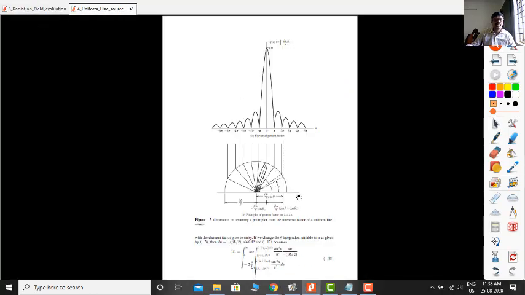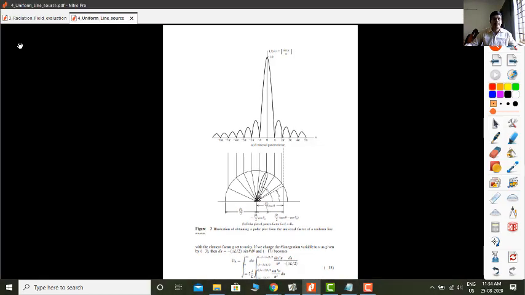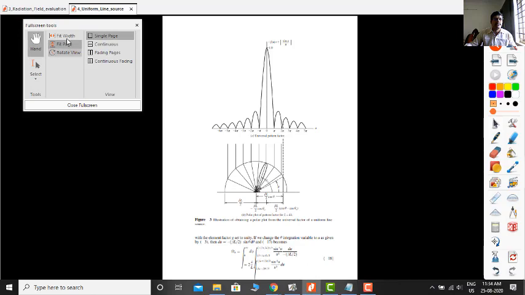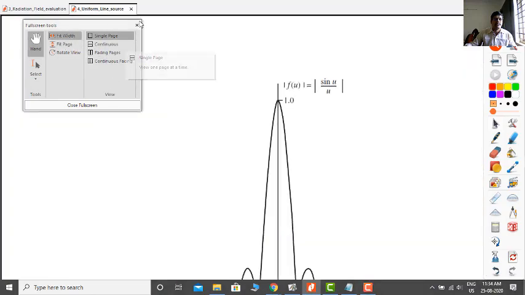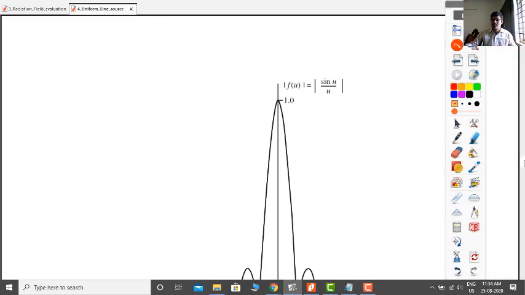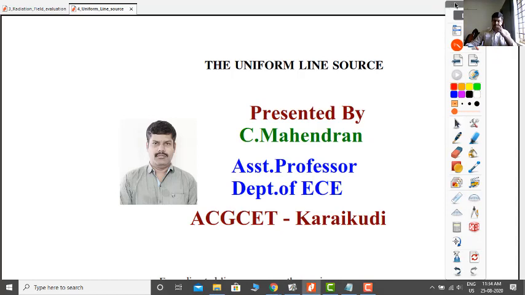And the next one is also a fundamental computation technique.